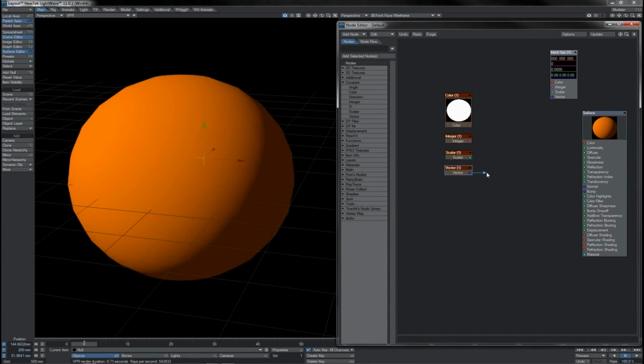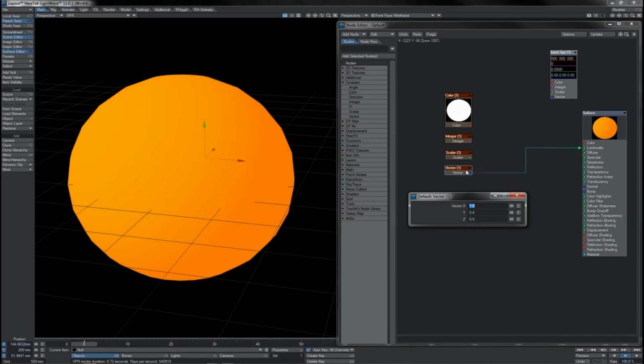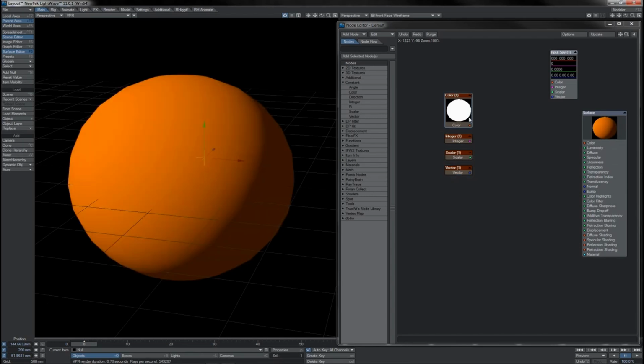Then we also have the question of what happens when you connect a vector or a colour to a scalar input. What simply happens when you do this is that the first entry, or the first channel, is used as the scalar, and the others are just ignored. It makes no difference what is entered into them. Colours, however, are slightly different, because they are treated as a whole colour.